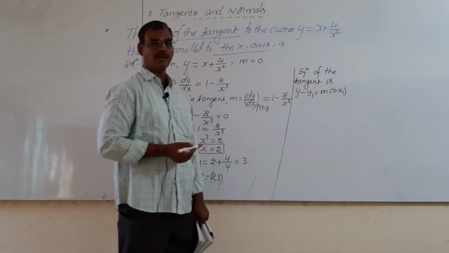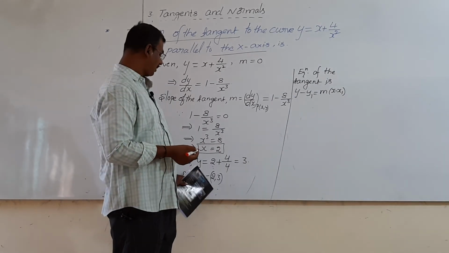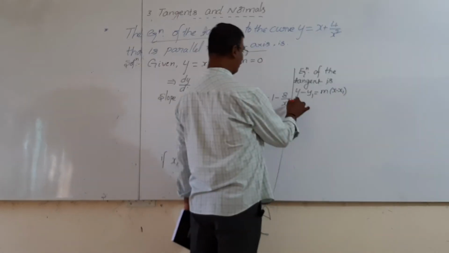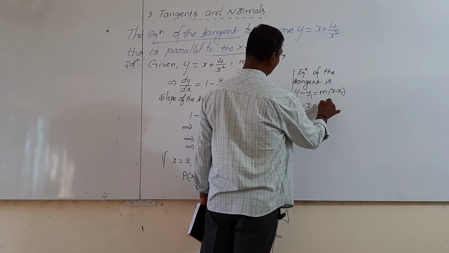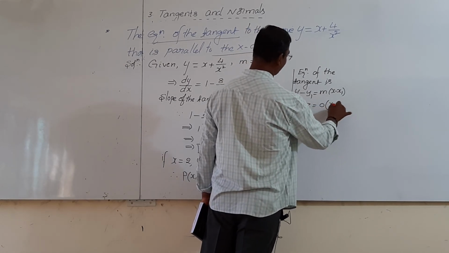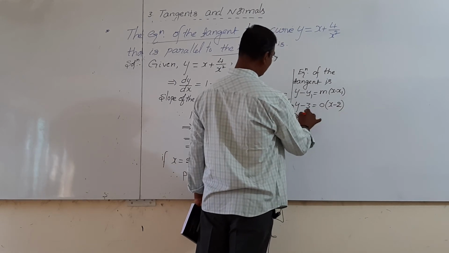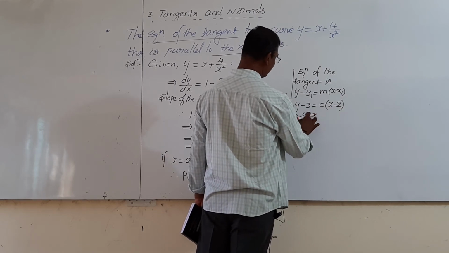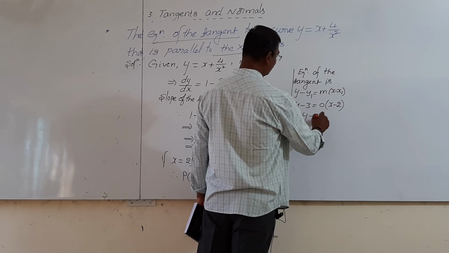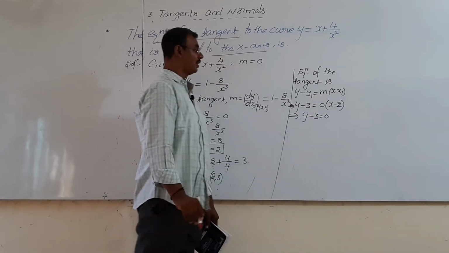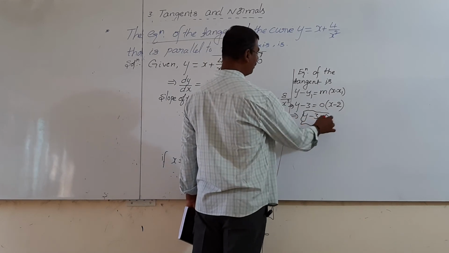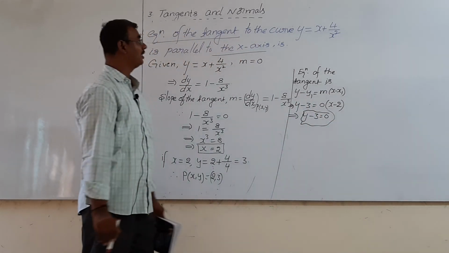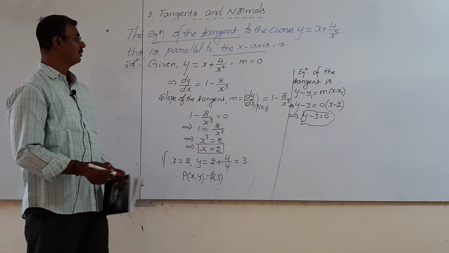This is the common formula always. Substitute the values: y minus 3 is equal to slope 0 into x minus 2. Answer: y minus 3 is equal to 0, or else y is equal to 3. So this is our equation of the tangent. What is the equation of the tangent? Y is equal to 3.